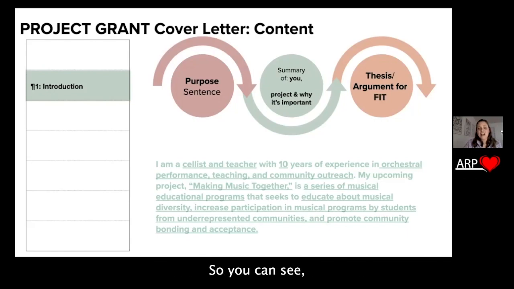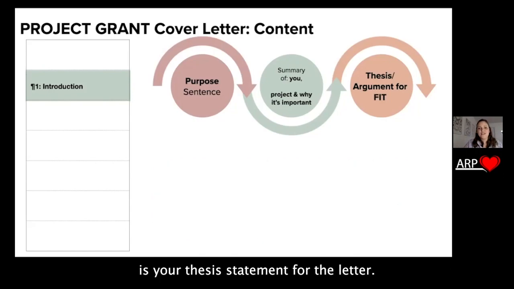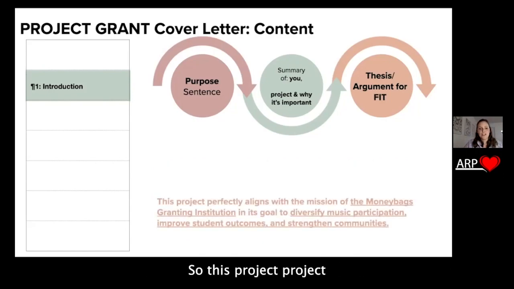So you can see, in order to demonstrate the importance, this person, which is me, a fictional grant, is choosing to focus on the goals of the project to demonstrate why this is important. These are the lofty things that we're hoping to achieve. Then the last sentence, as always, is your thesis statement for the letter. So this project perfectly aligns with the mission of the Money Bags Granting Institution in its goal to diversify music participation, et cetera.